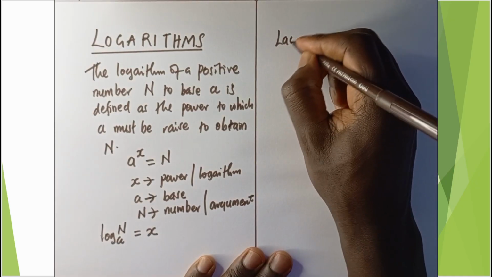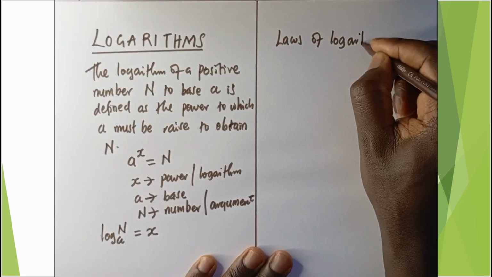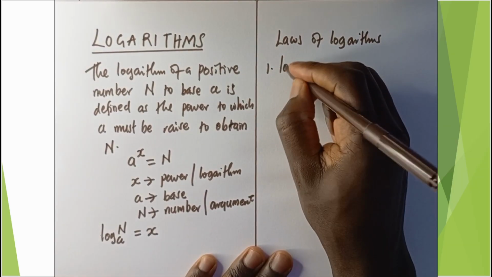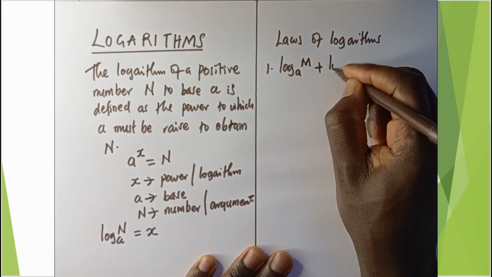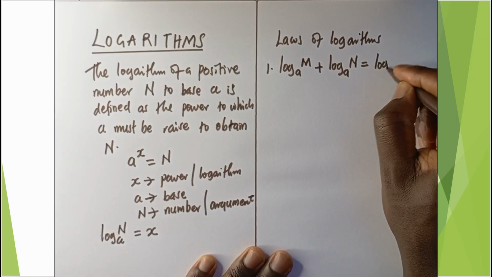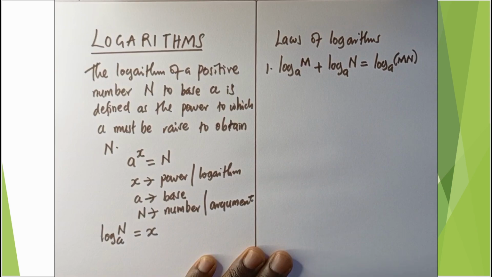So laws of logarithms. The first one says if you have log base a of m plus log base a of n, it is actually log base a of mn.